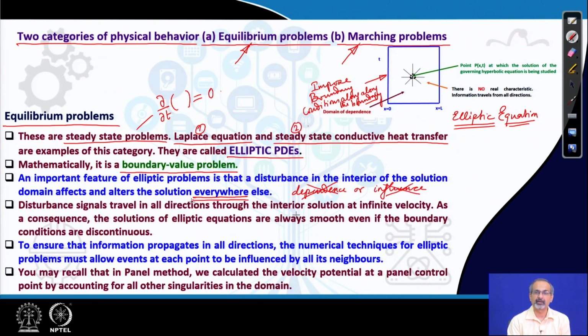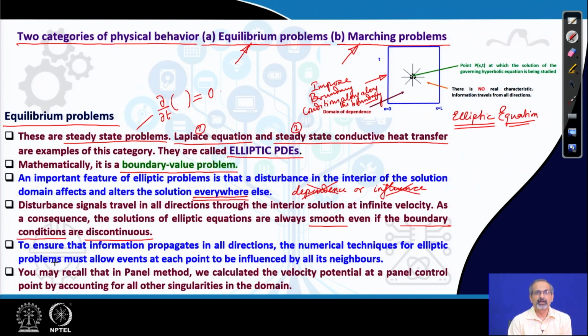Here, it is the entire domain which is influencing. Also, the disturbance signals travel in all directions through the interior solution at infinite velocity, and therefore the solutions of elliptic partial differential equations are always smooth. Even if the boundary conditions are discontinuous, the inner solution domain is always going to yield a smooth solution.